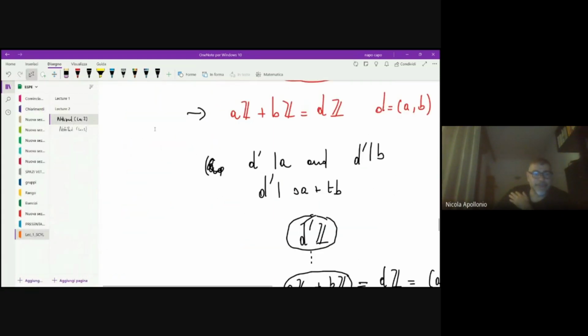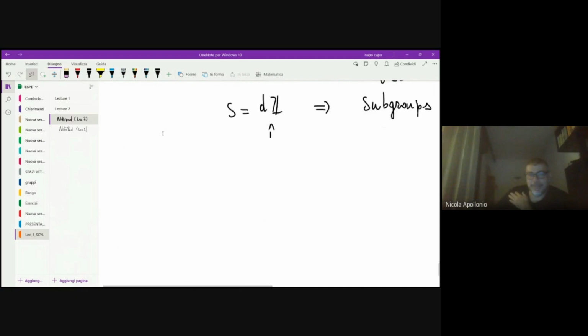So we want to prove that the greatest common divisor of A squared and B squared is a multiple of the greatest common divisor of A times B and A plus B. Just to simplify the notation, write this D and write this D prime.